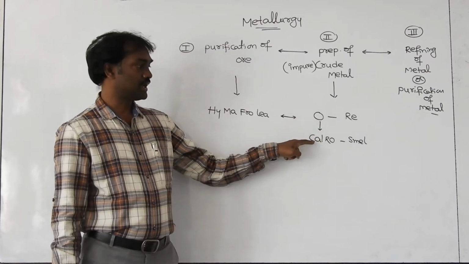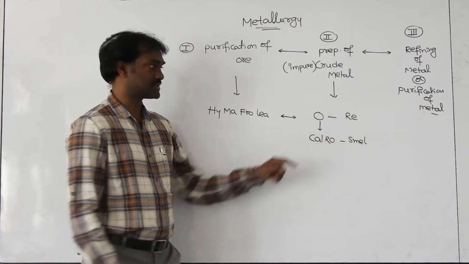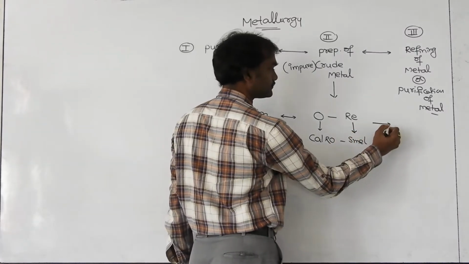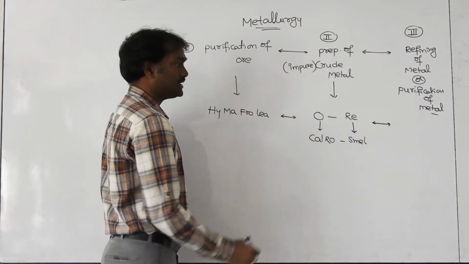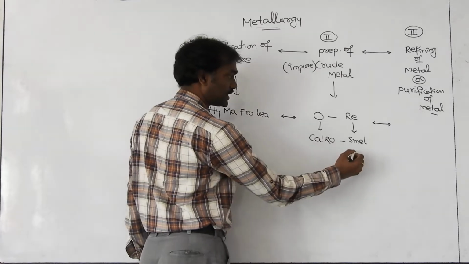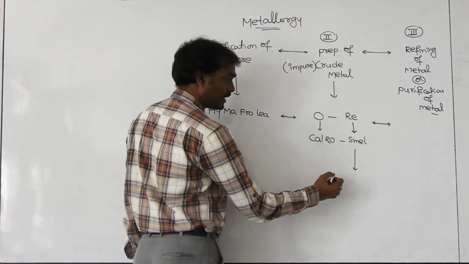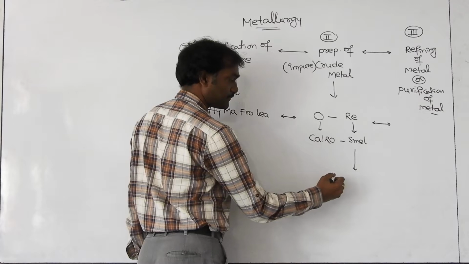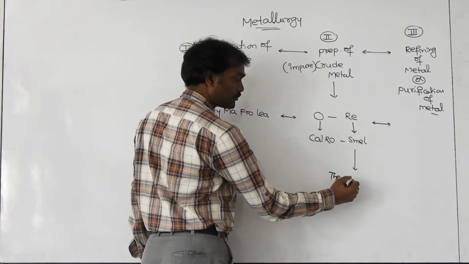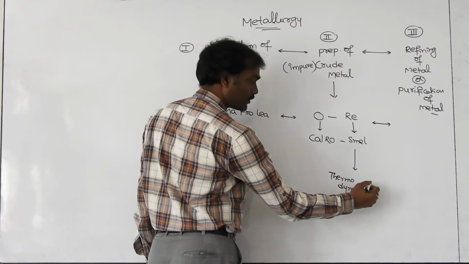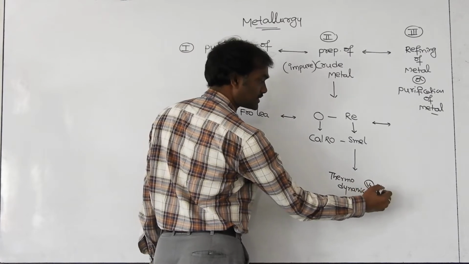So oxidation has calcination and roasting processes. In reduction, we have the smelting process. Next, in this reduction process, we discuss the famous thermodynamics, which we apply in metallurgy. So thermodynamics versus metallurgy.